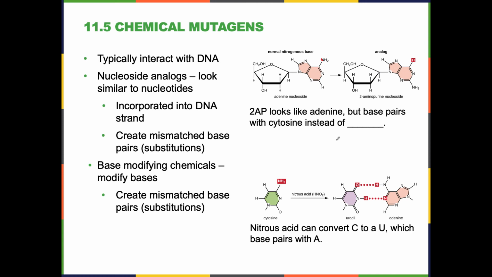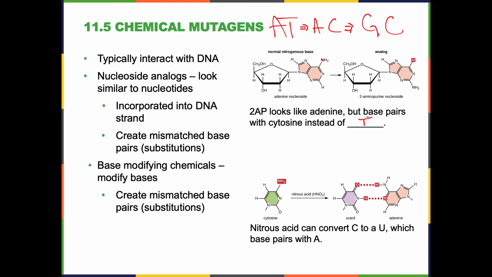So even though it gets incorporated like an adenine, it actually base pairs with cytosine. Instead of, what does adenine normally base pair with? Yeah, normally thymine, right? So normally we'll have this AT base pair, but then we'll have this AC base pair, which eventually gets turned into a GC base pair. So we've gone from this A to a G.